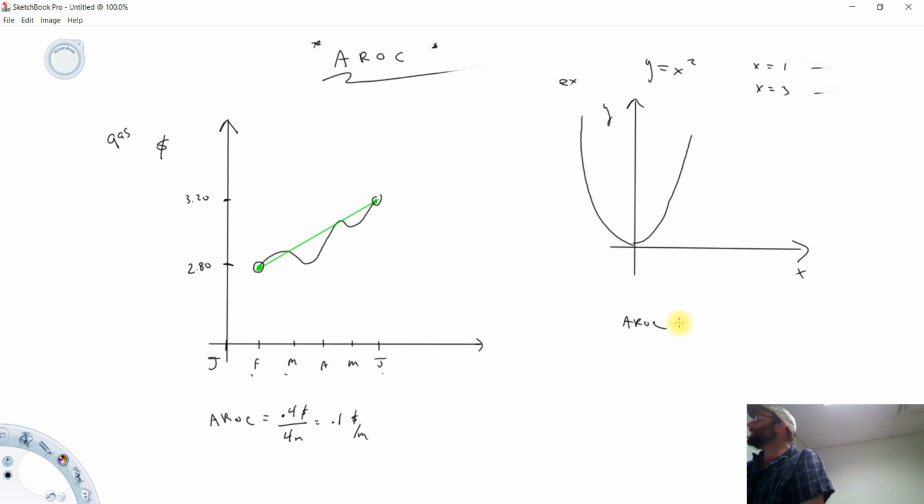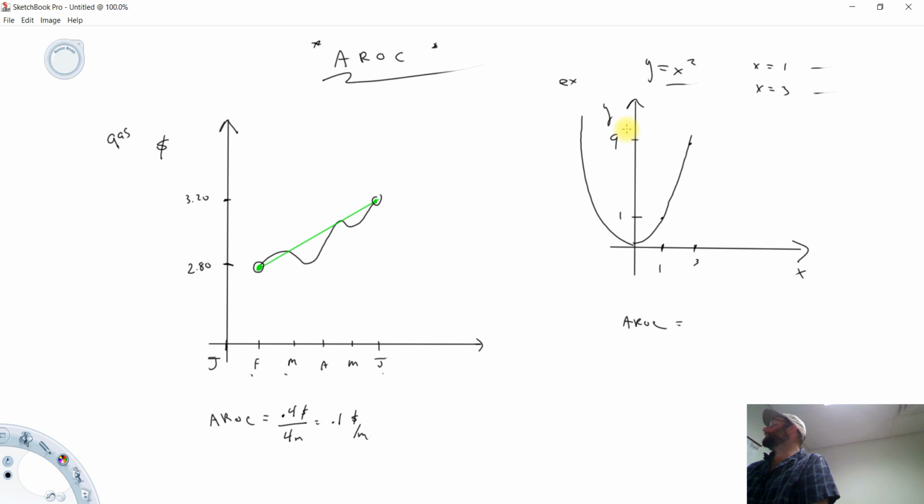Average rates of change are just slopes. Here we are at x equals 1. The y value here is 1, and I'm getting that by taking the 1 and washing it through the function. If I go to x equals 3, the y value is up here, and that value is 9, 3 squared.